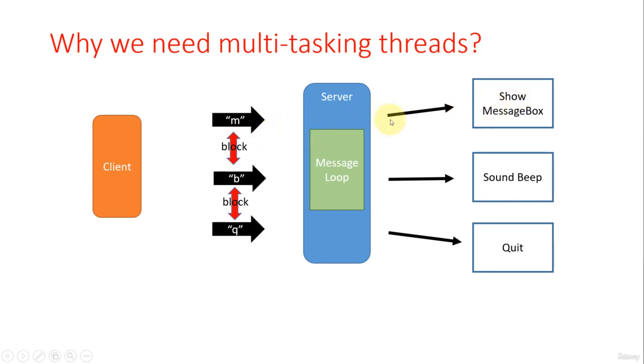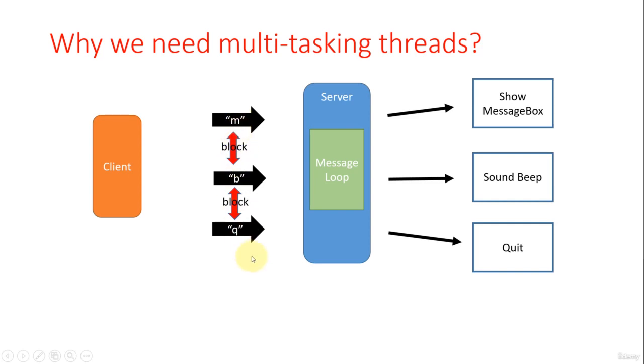That means if the first message is displaying a message box, the message box will have to be closed by the user before the server can process the second message. And if you have multiple messages which can be received by the server, they all need to be held in the queue to wait for their turn.